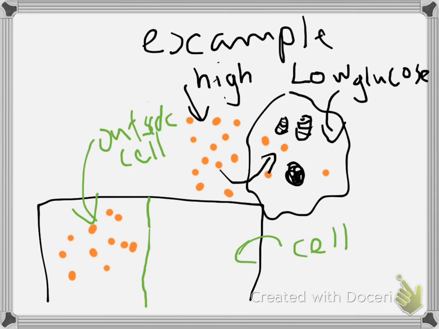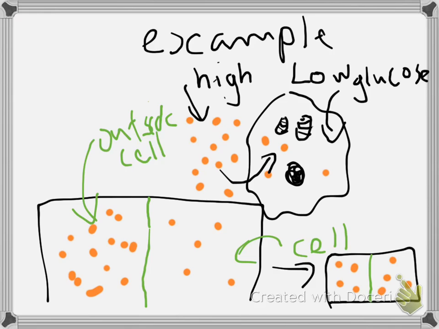On the left side we've littered little orange dots, little glucose molecules. On the right side, we've littered only some orange glucose molecules. Now, if you remember what happens afterwards, it's that they're both equal, just like in the red dye.